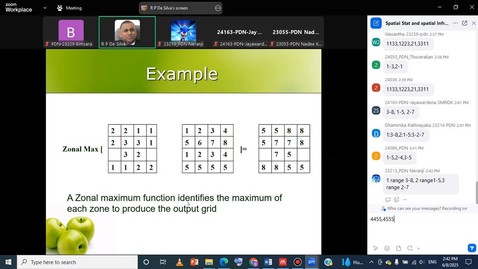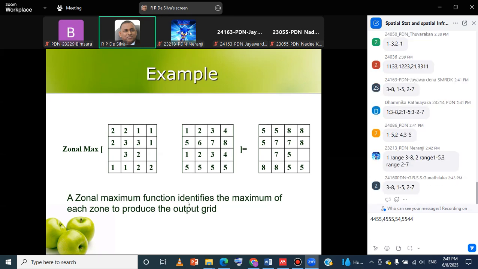Javardhana and Ratnayaka, that is not the way to put the range. Range is maximum value minus minimum value.